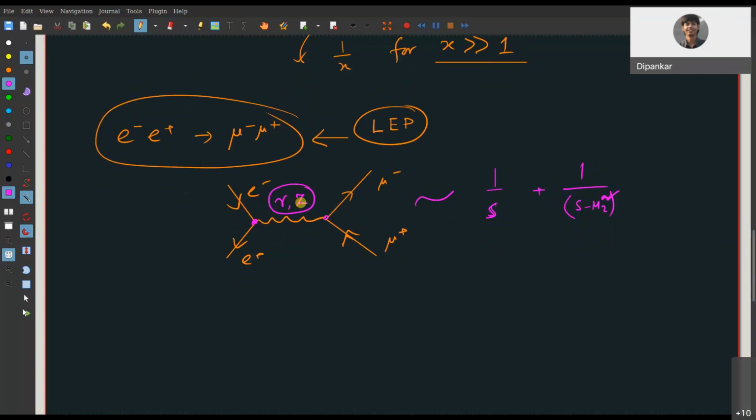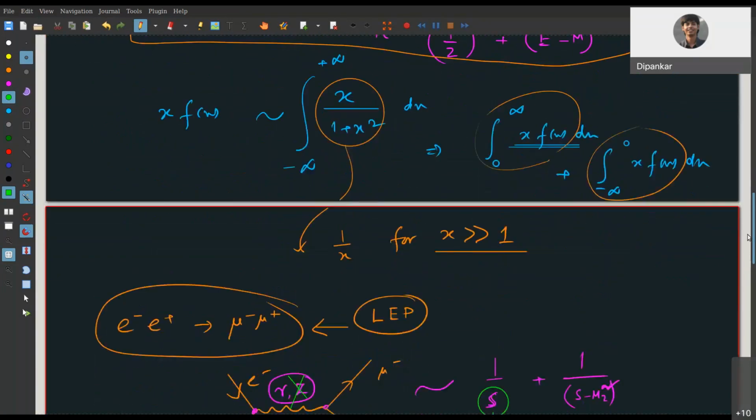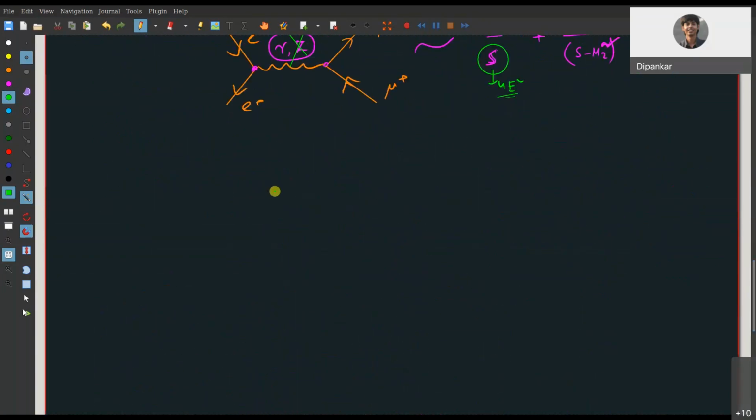Okay. So suppose this Z boson was not present, then this S is basically 4E square. If the Z is not present, then you plot the cross section with energy.